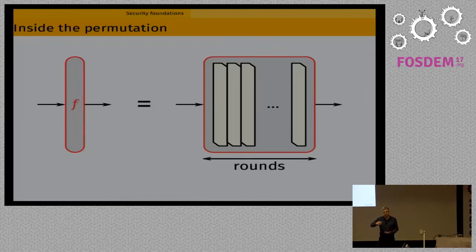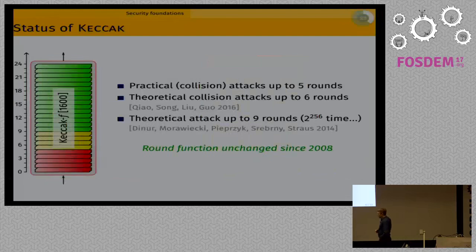And there is a point where there are enough rounds for that permutation to be strong, and then in this case for Keccak to be secure. What people do when doing cryptanalysis is that they try to break 1 round, 2 rounds, and so on, and then see how far they can go.